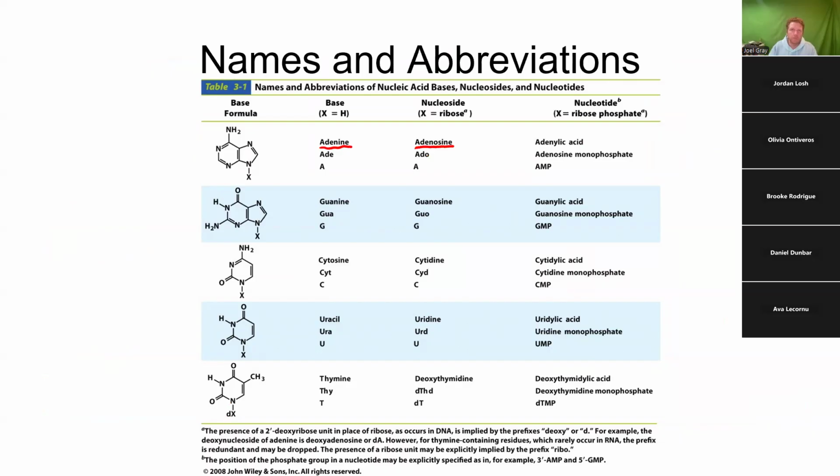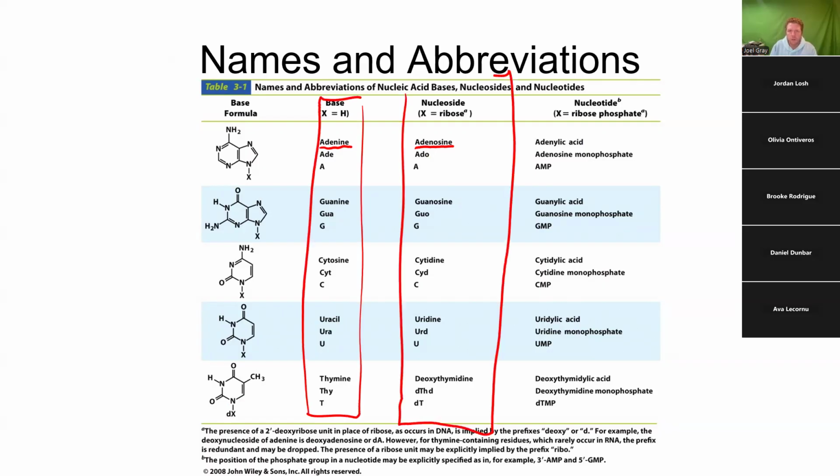Adenosine is going to be the base plus the sugar. So I want you to know these two columns. That's it. The reason for that is you will typically hear terms like guanosine triphosphate. Well, that tells you that is an RNA molecule. Deoxyguanosine triphosphate tells you it's a DNA molecule with 3 phosphates on the 5 prime sugar or 5 prime carbon.